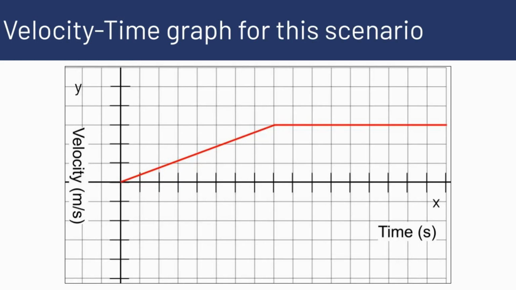Here we have a velocity time graph for the scenario with the box being pushed across the ground. In this region of the graph, we have an acceleration. This is because of unbalanced forces.